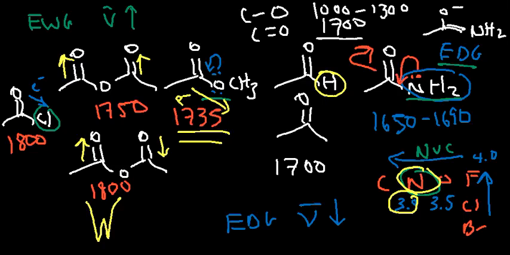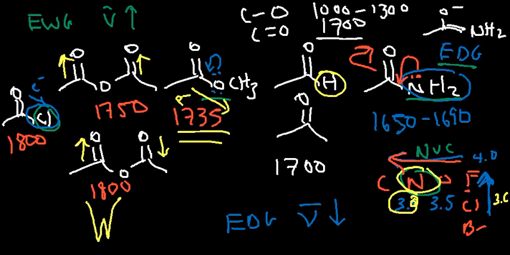But now, if you look at the chlorine here, the chlorine is not very nucleophilic compared to O and N. As you can see, nucleophilic strength increases as you go up and as you go to the left. So chlorine is not a good nucleophile, so it doesn't want to donate any electron density. Its electronegativity is around 3.0, so it's not as electronegative as oxygen, but it's equally electronegative as nitrogen.